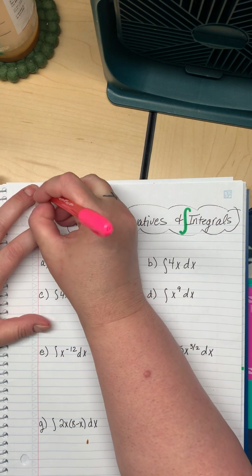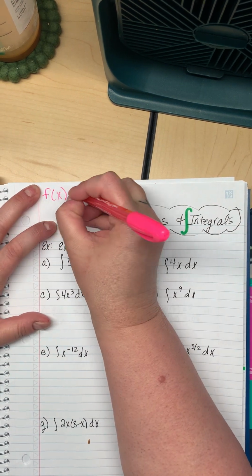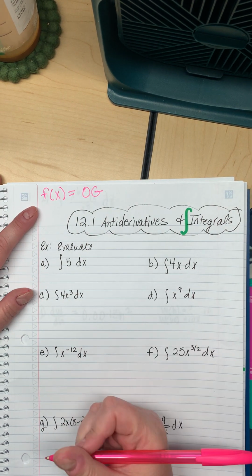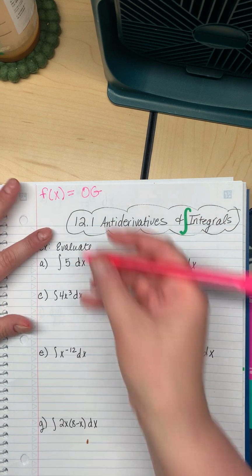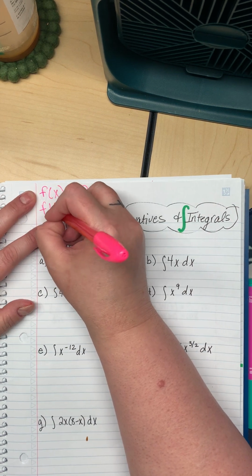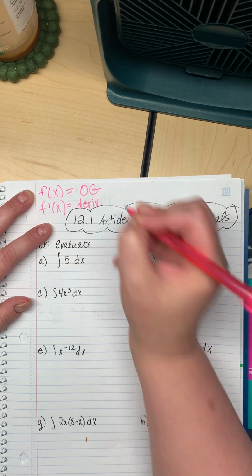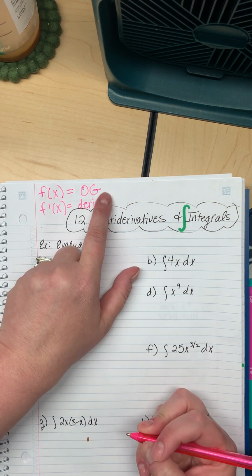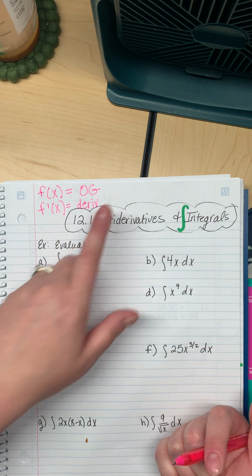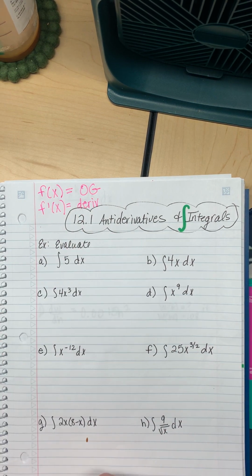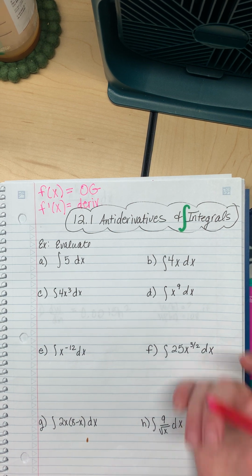So if f of x is my OG equation, my original, and f prime of x is my derivative. We already knew that. Well, what do you think the antiderivative is?